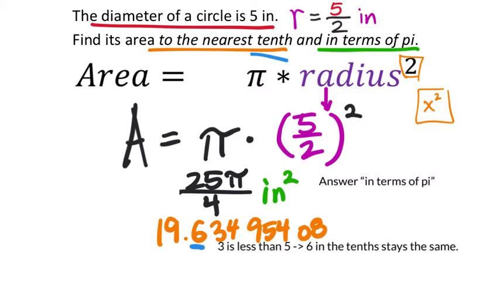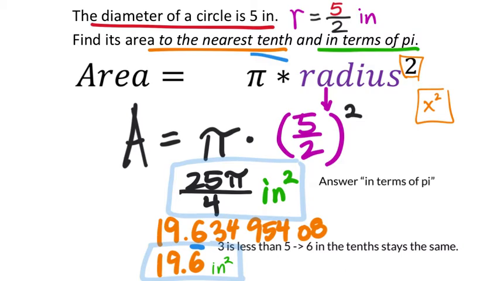To simplify, it just ends up being 19.6. I'll still label it; it is still in inches squared. So 19.6 inches squared. And there are my two answers. This is the approximation to the nearest tenth. 25 pi over 4 inches squared is the answer in terms of pi.